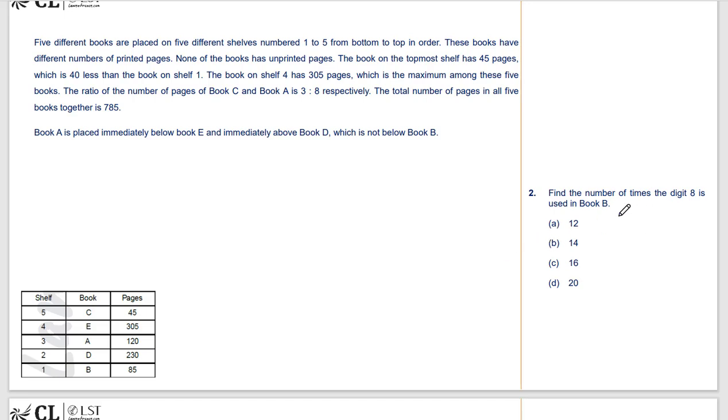Second question, find the number of times the digit 8 is used in book B. Okay. Book B has 85 pages. And we need to find how many times 8 has been used. Now, what you need to keep in mind in such kind of question is that 8 can be used at the units place and 8 would also be used at the tens place.